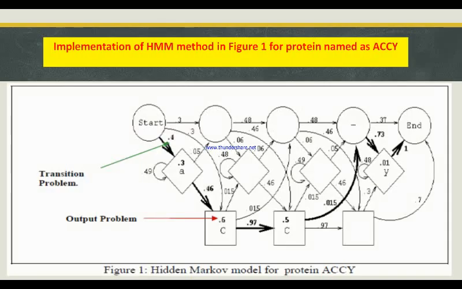As we look here, the sequence is already given, ACCY, and we can say that it is the forward algorithm, compared to Viterbi, which is used to find the most probable path, and the forward-backward algorithm, which is more towards the parameters of the HMM, which is not included in this diagram.